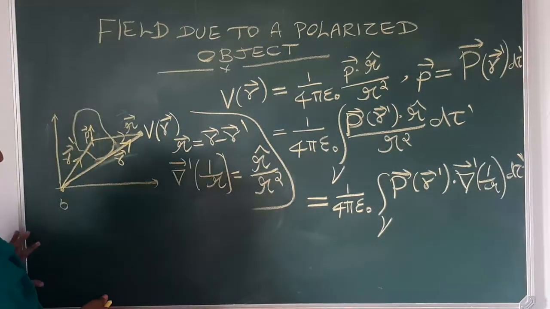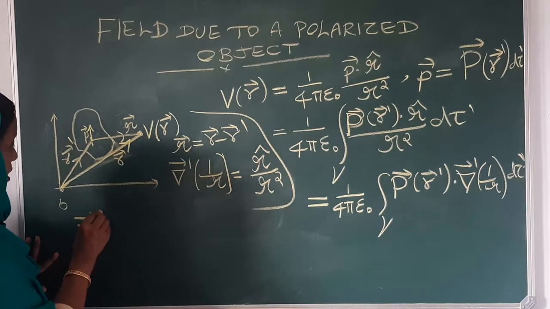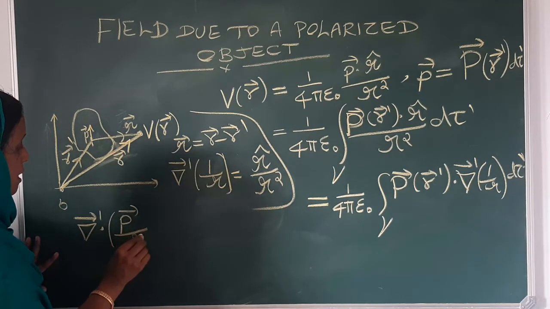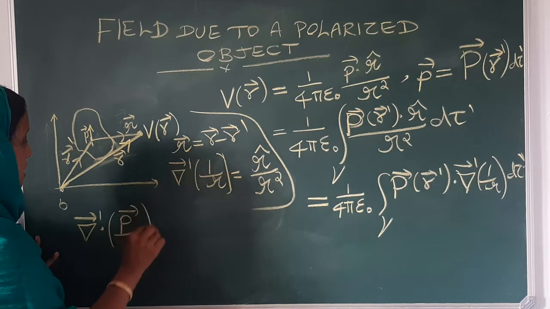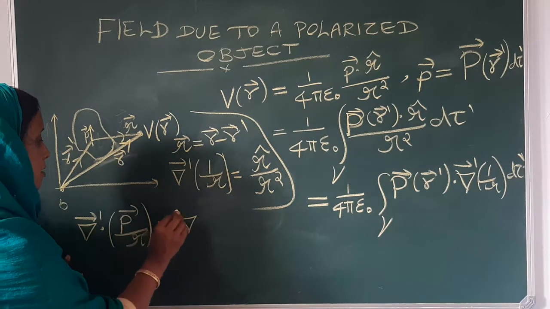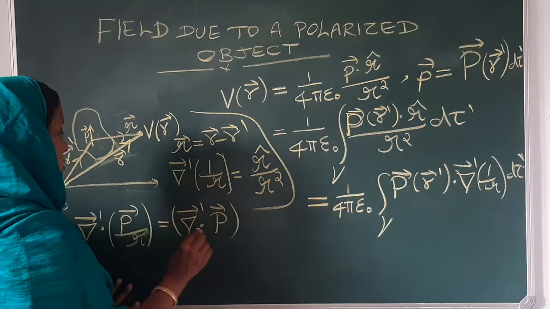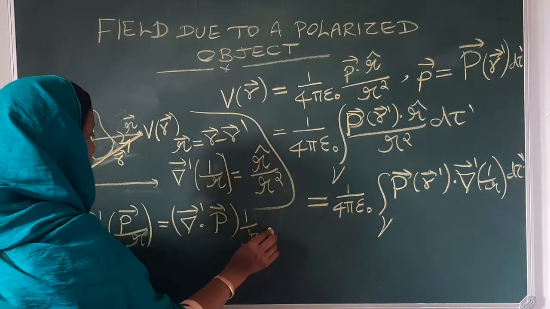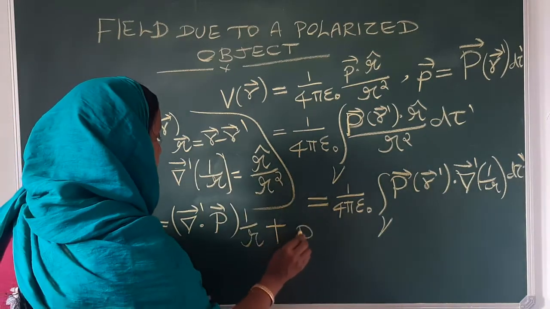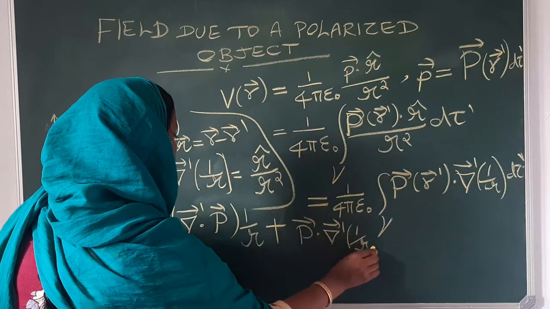For that, you can take the identity: the divergence operator over polarization by the separation vector R. You can write this as the divergence of the polarization vector times 1 by R, plus the polarization vector dot the primed gradient of 1 by R.